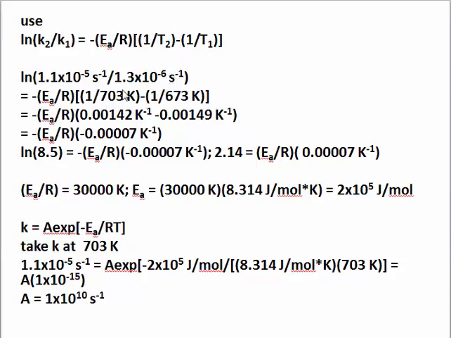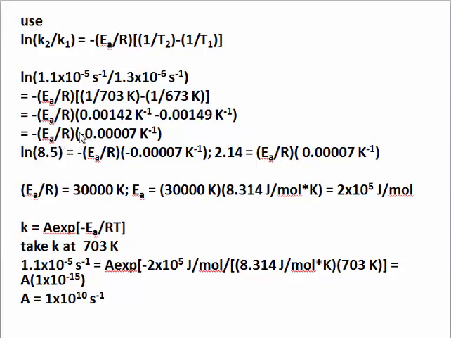You see that when you take the difference of the reciprocals, 1 over 703 minus 1 over 673. Note that we use kelvins for temperatures. And we have a difference of negative 0.00007 Kelvin times negative E, the negative of the activation energy E sub A over the gas constant.